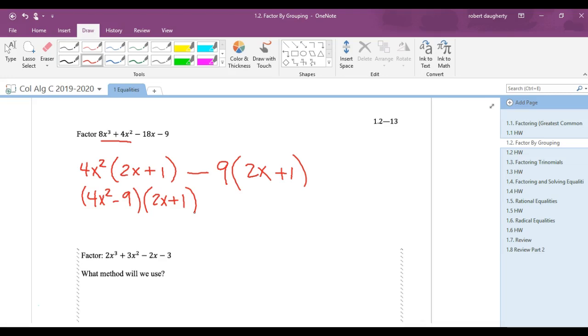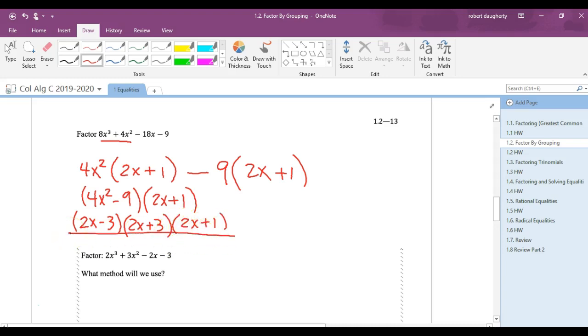Yeah, I've got the difference of two squares, which is what we did yesterday. So just because we did it yesterday doesn't mean it's history. With factoring, you always have to keep looking, can I go further? So how does this one factor? 2x minus 3, 2x plus 3, and then I've still got that 2x plus 1.